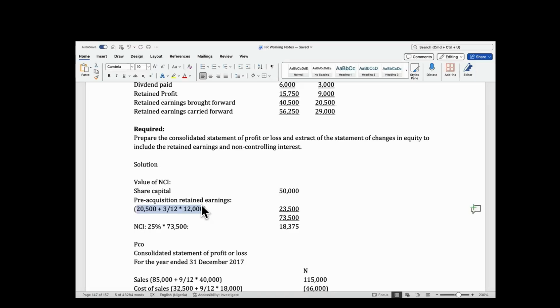And it's what we usually use as the basis for calculating NCI. Like we'll just do value of the holding of NCI times the net asset acquired. And that's this net asset acquired, 73.5. So we just did 25% of this to get this amount.